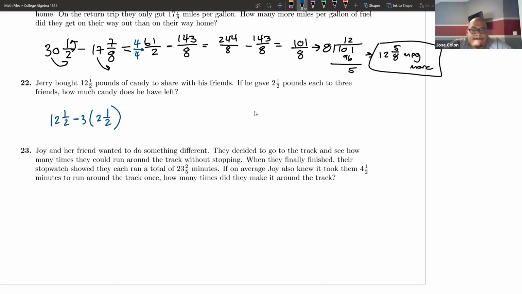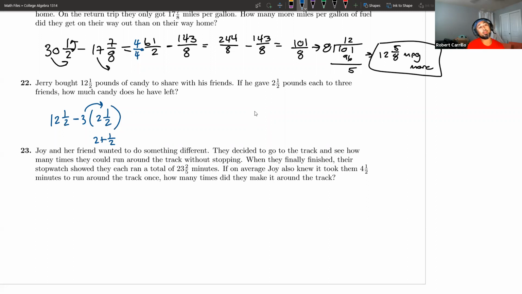Okay. So now it's going to be 12 and 1/2 minus 3 times 2 and 1/2. Okay. So here, remember, if you are going to distribute this 3, remember that a mixed number is written as 2 plus 1/2, or also written as 2 and 1/2.